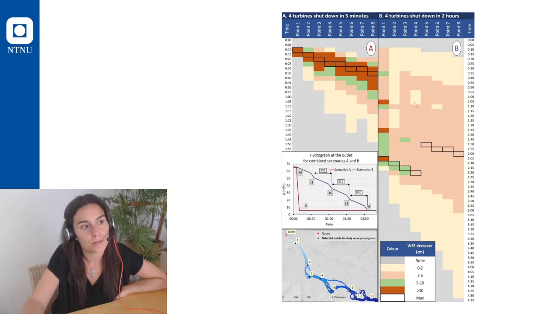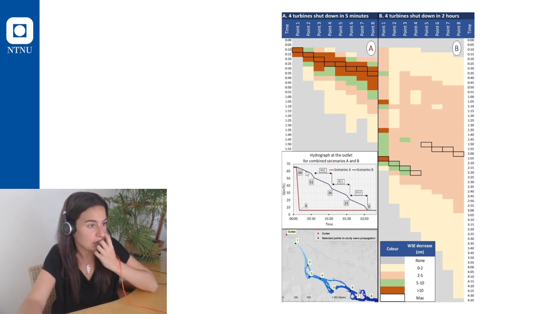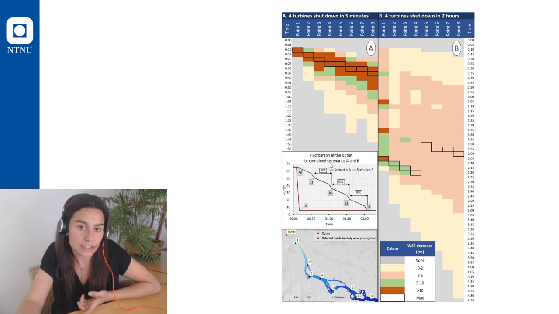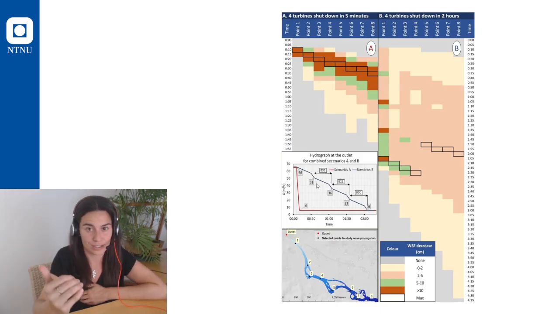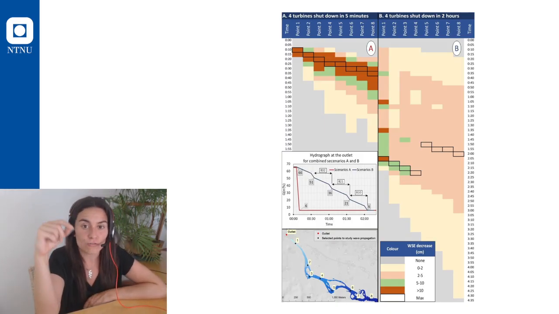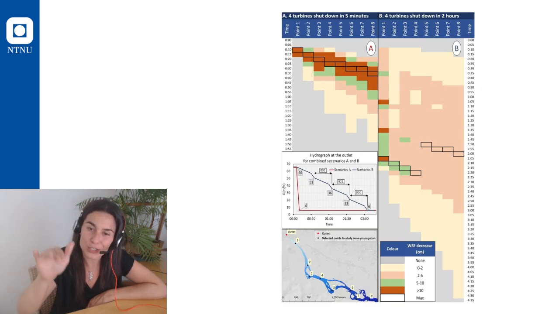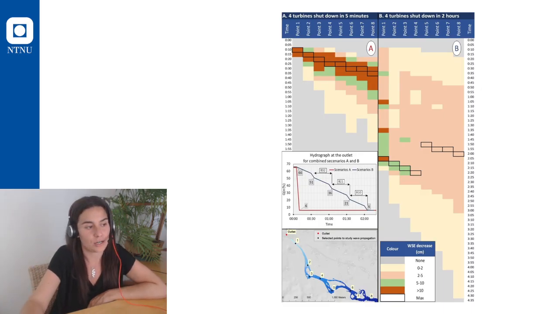And scenario B, on the right, is an alternative shutdown scenario in which the power plant shuts down in 30 minutes. Each of the turbines shuts down in 30 minutes, meaning that we have a much smoother shutdown.